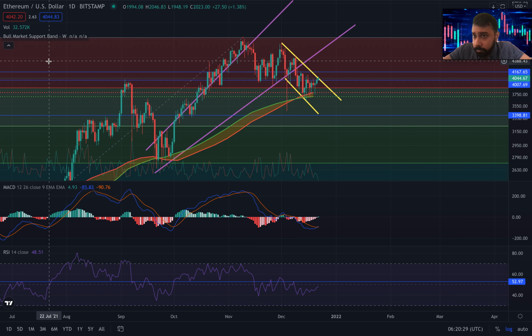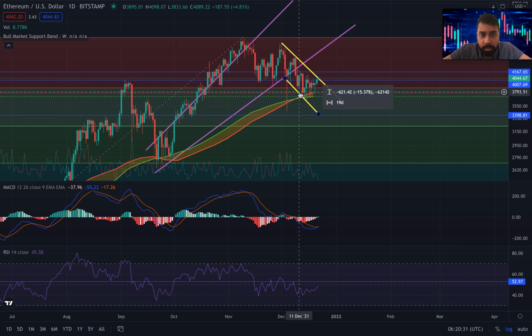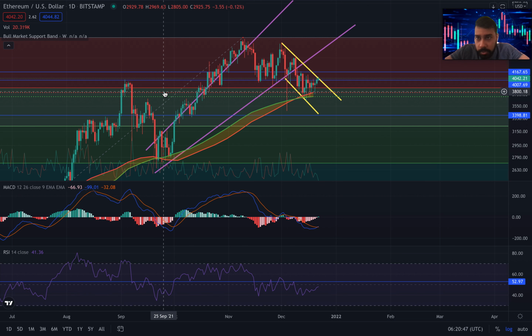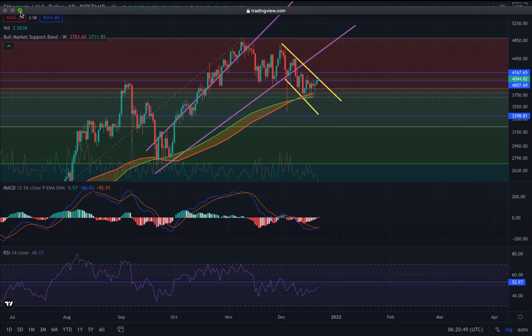That's the theory right now. But for this moment we are expecting to hold 4,000 as support, build accumulation here, and then take out 4,200 and enter our trading region between 4,200 to 4,400. So that's Ethereum on the price action charts.